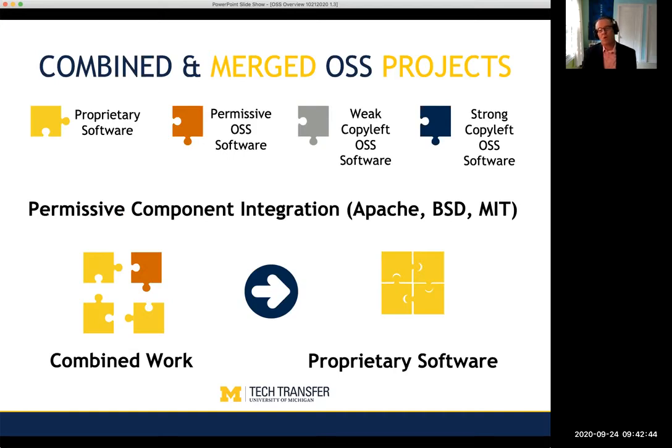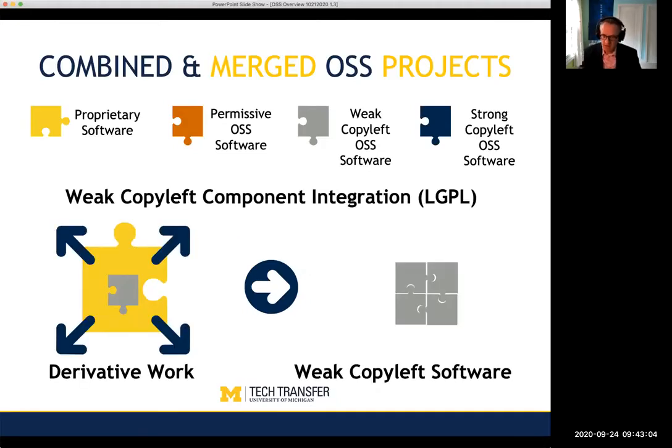So a weak copyleft component integration where you create a derivative work. This is a situation where it isn't separated. You take that copyleft component, you build on it, you extensively rework things, you add on it, and you truly create new work founded on that copyleft LGPL component.